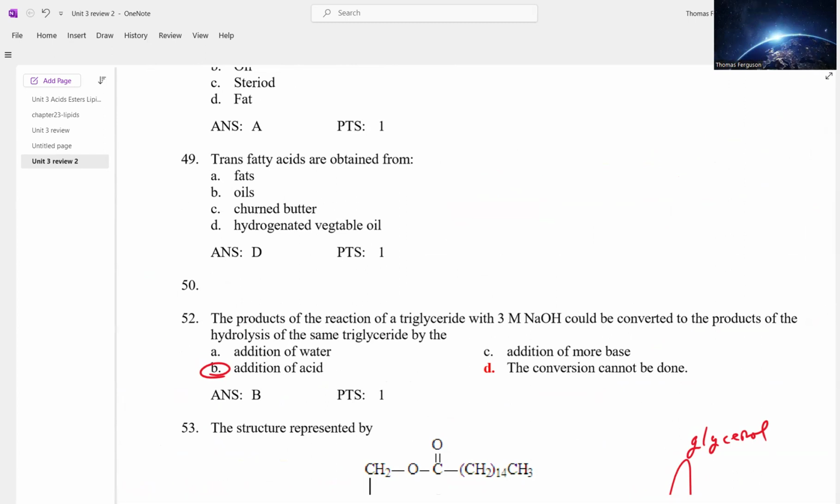Now, if you remember the story about Crisco shortening, vegetable shortening, the way they hydrogenated the fatty acids produces trans fats. They don't do that anymore because they were going to be put out of business. So they do it a different way now. So that's called a hydrogenated vegetable oil.